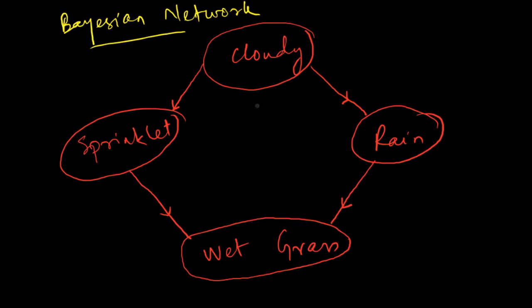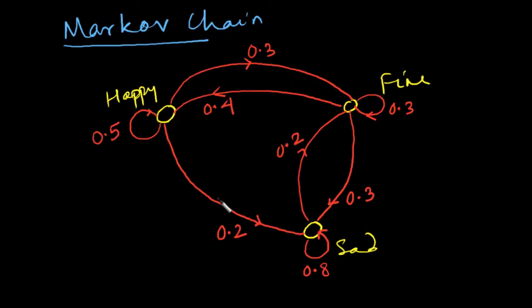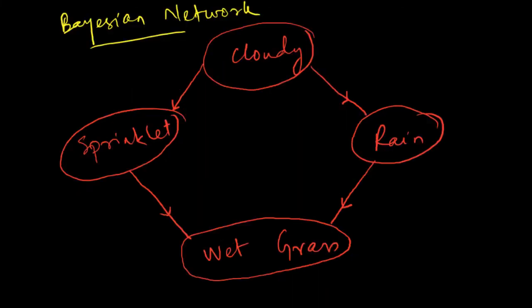So this is the primary difference between a Markov chain and a Bayesian network, because there edges denote the transition probabilities between these nodes, but here the edges do not represent the transition probabilities, they only represent the causal relationships between the two nodes. So cloudy and wet grass are not connected because there is no direct causal relationship between the weather being cloudy and the grass being wet. Only if it rains or if the sprinkler is on is your grass going to be wet.